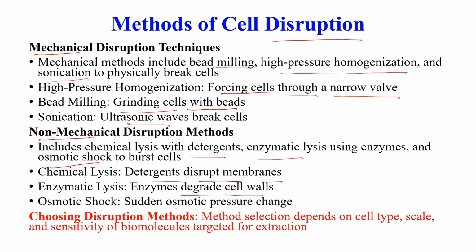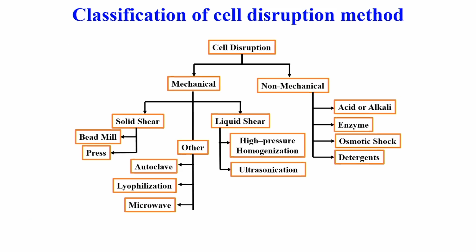Osmotic shock is due to a sudden osmotic pressure change. Now, choosing the disruption method: the selection depends on the cell type, the scale you are using, and the sensitivity of the biomolecules. So, here you can see the classification once again.